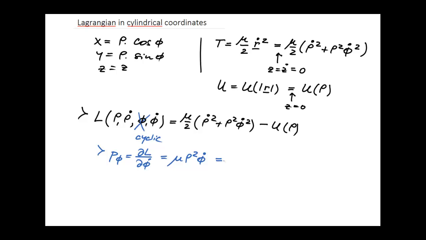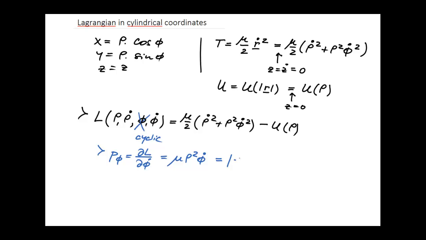When we had talked about angular momentum conservation in the context of Newtonian mechanics, we had discussed also the area law, and we found that this is in fact the z component of angular momentum, which in our case, since the motion is constrained to that two-dimensional plane perpendicular to the z-axis, this equals the absolute value, the magnitude of the angular momentum vector.